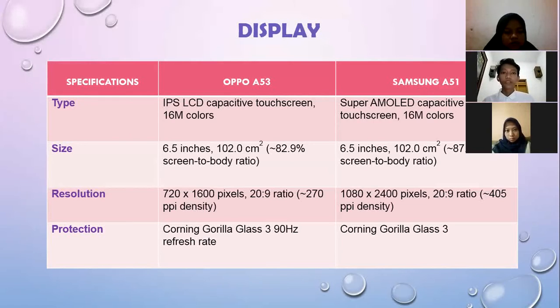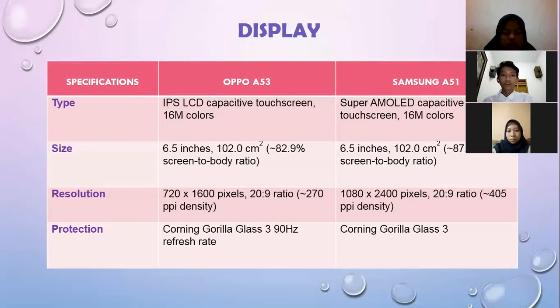And number 3, resolution. Oppo is 720 x 1600 pixels, 20:9 ratio.